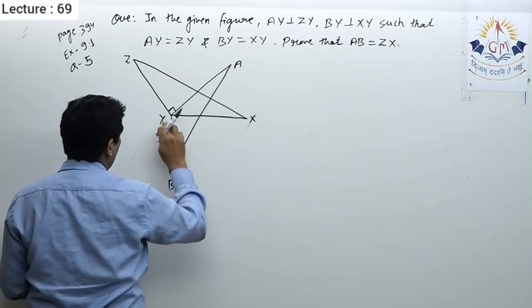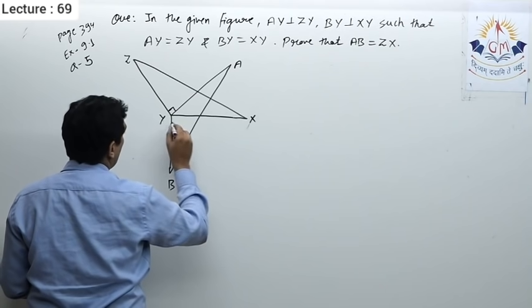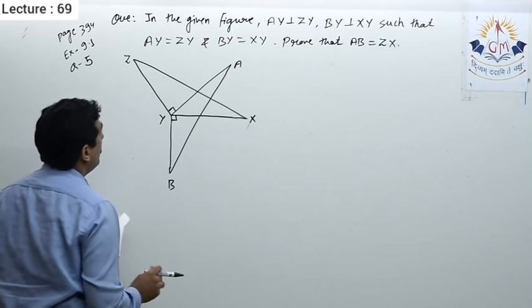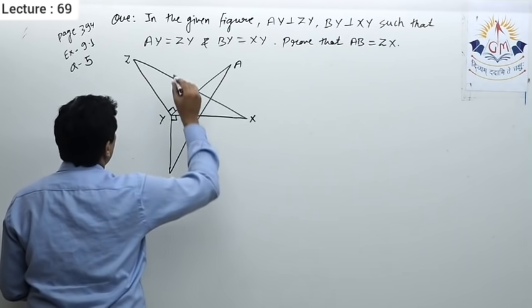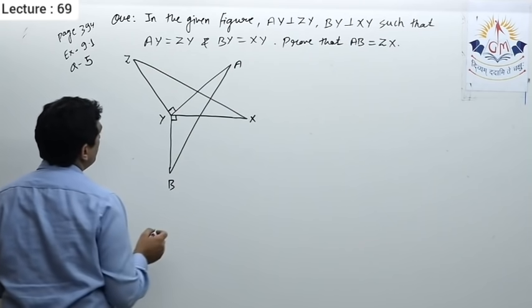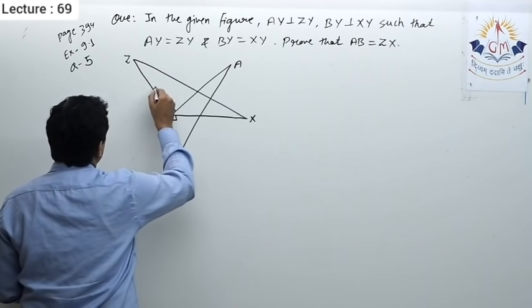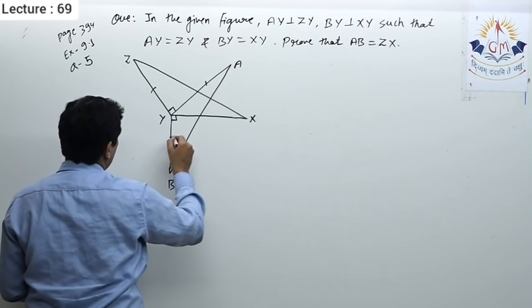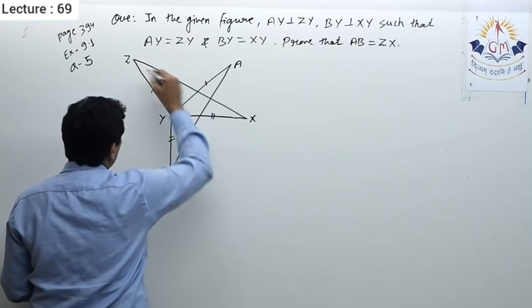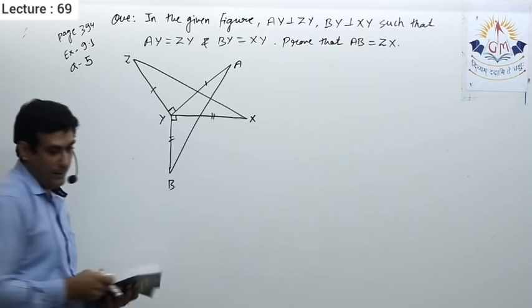Also it is given BY is perpendicular to XY. Also AY is equal to ZY, and BY is equal to XY. You have to prove AB is equal to ZX.